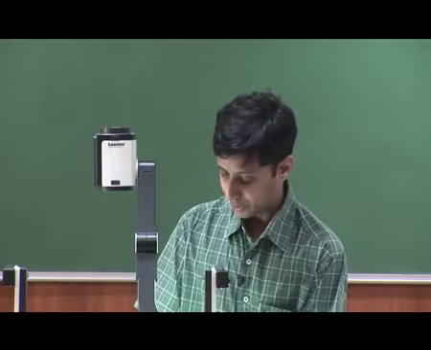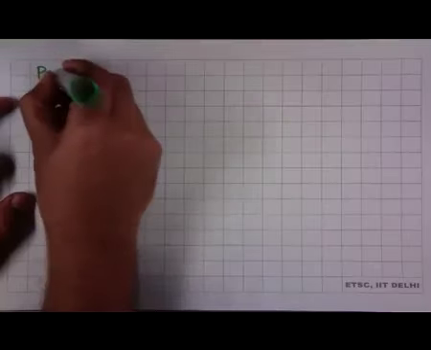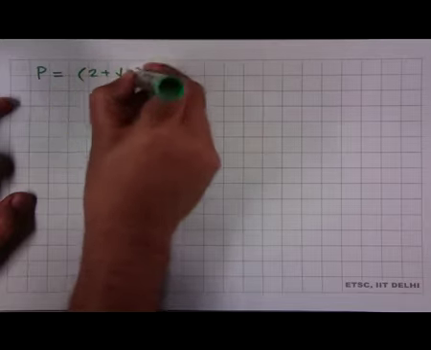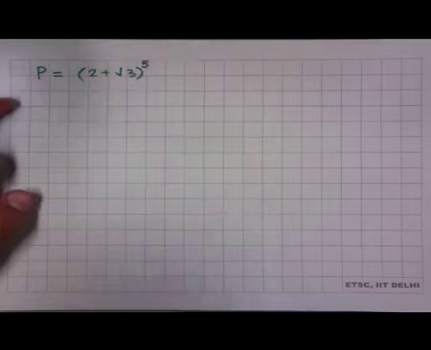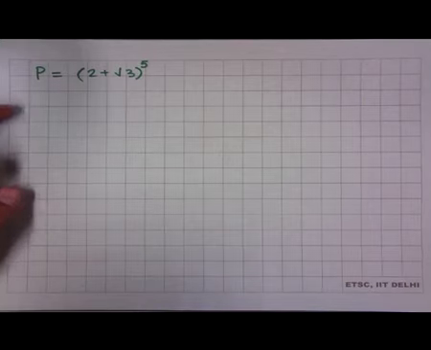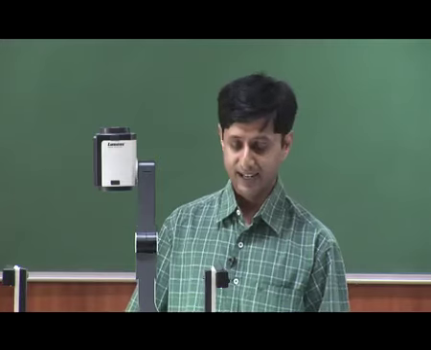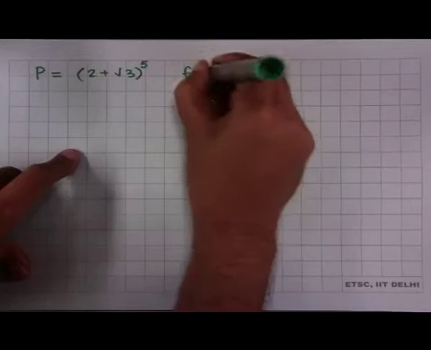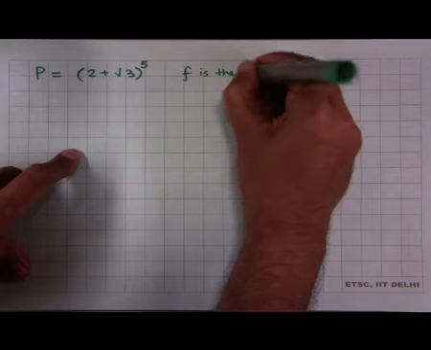So, let us say the question is p is equal to (2 plus root 3) whole power 5, and this p has an integer part and a fractional part. F is the fractional part.